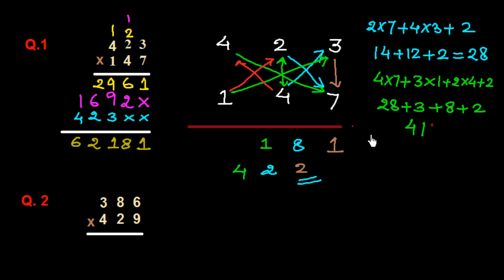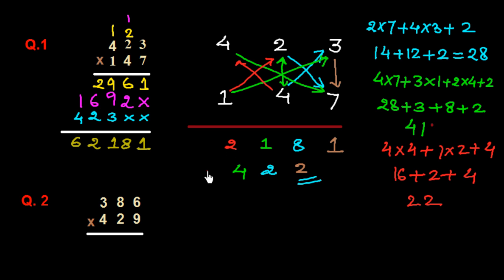We have to multiply 4 into 4 plus 1 into 2 plus this 4, which is carried. So it is 16 plus 2 plus 4. So it is 22. So I write down 2 here and put 2 carried here.